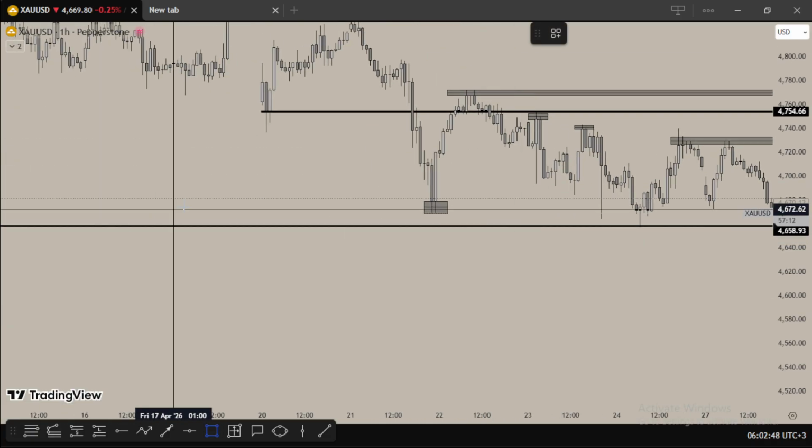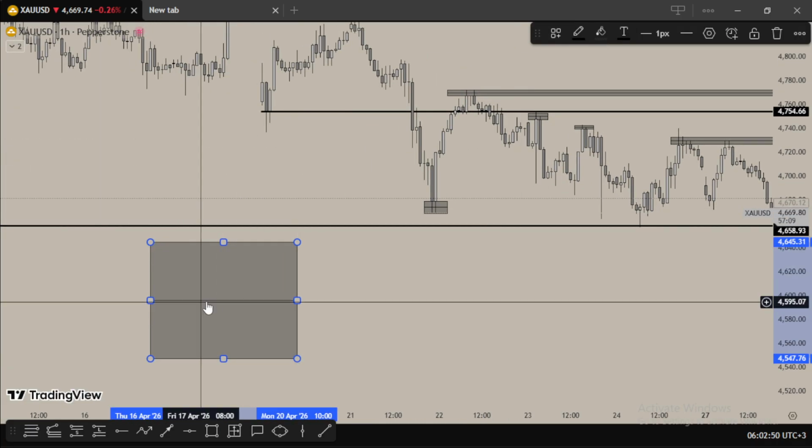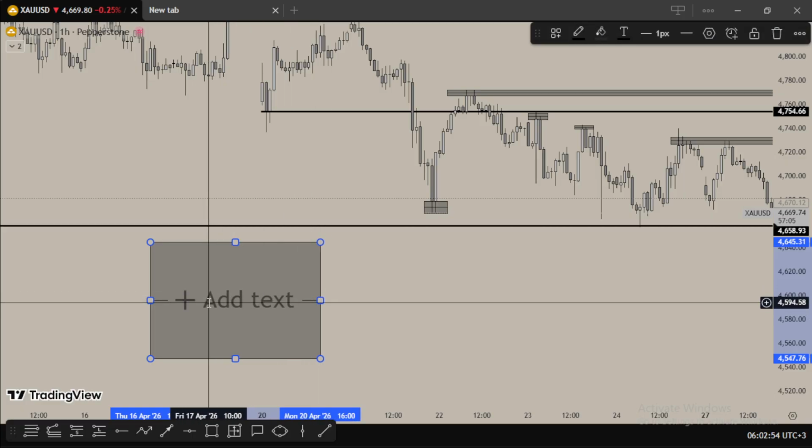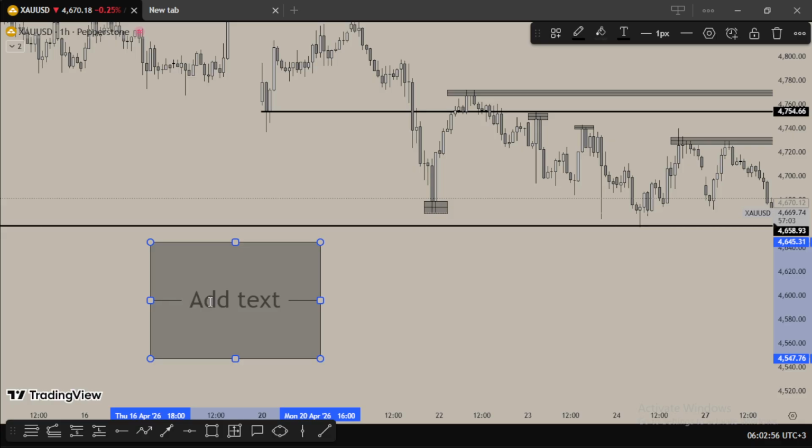The first thing you're supposed to look at is trend in 4 hour and 1 hour.